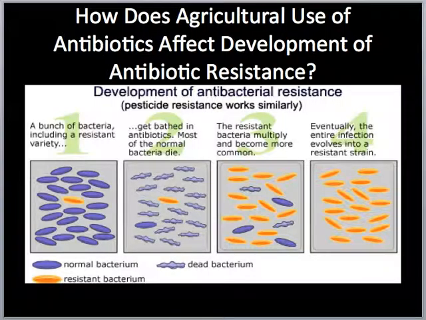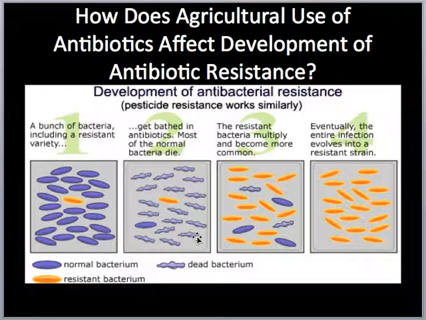Now we have a graphic here showing how agricultural use of antibiotics affects development of antibiotic resistance. And this works similar to pesticide resistance. Here we have a bunch of normal bacteria, including a resistant variety right here in the center. These get bathed in antibiotics.